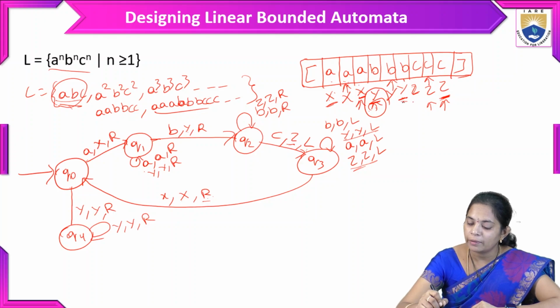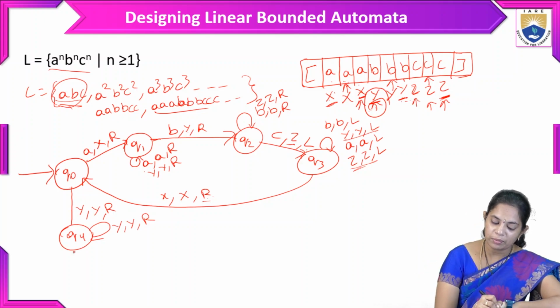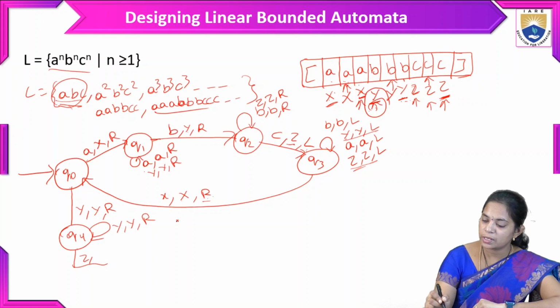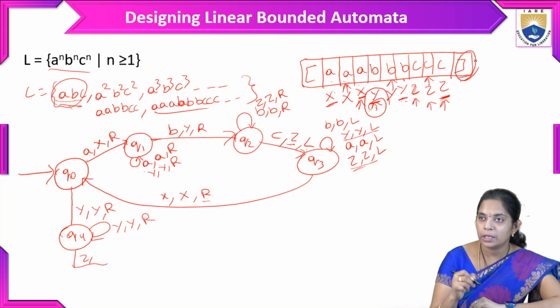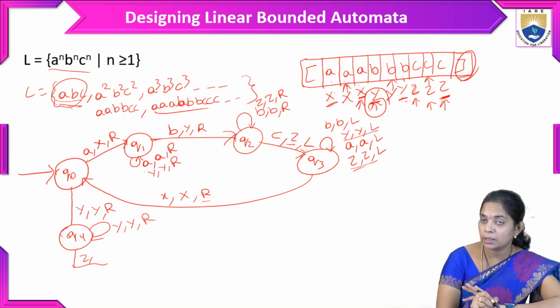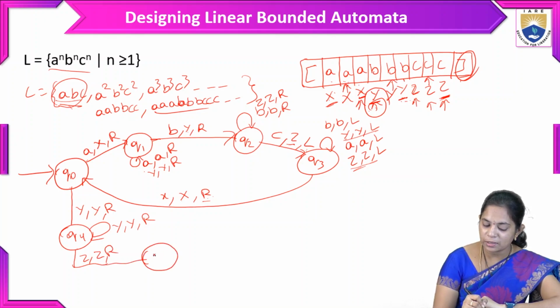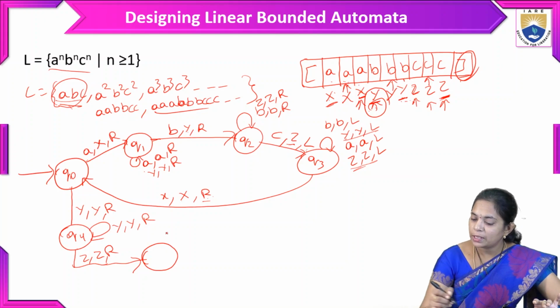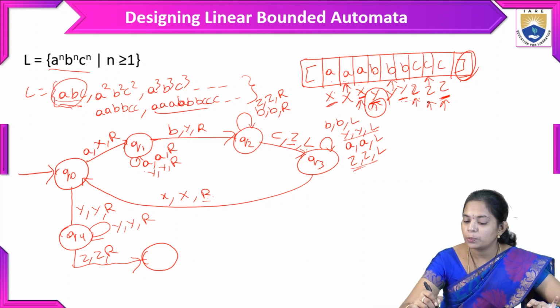And here, after this one, we have the z value. So from this state, we have the z. Finally we need to reach this one, and only then is the string going to be accepted by the linear bound automata. So z is going to be replaced with z and move to the right direction, and then we reach the next state.